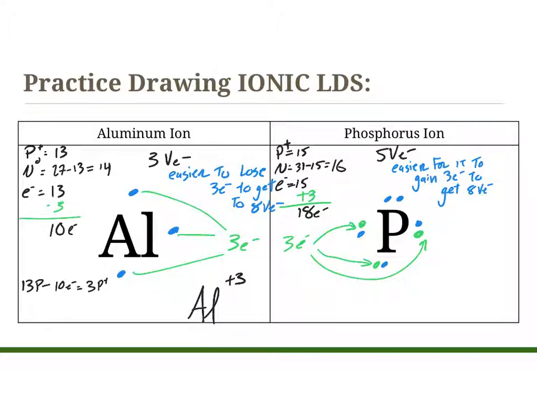So I'm going to say I have 15 protons minus 18 electrons. It's going to give me a -3 charge, right? So when I rewrite this, I'm going to write it looking like this.